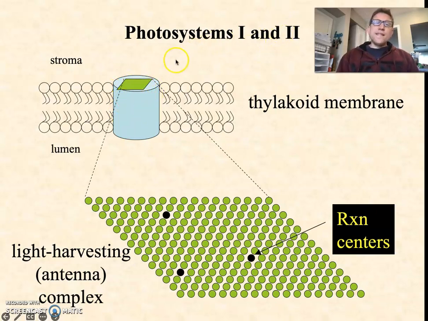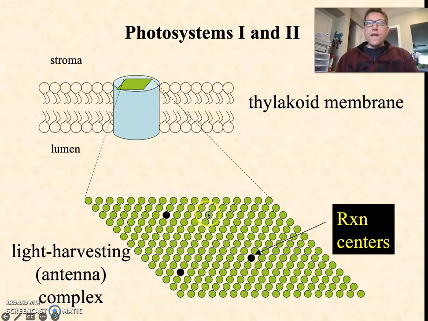Now what happens is light will hit the antenna complex of both of these photosystems. We'll see that the reactivity actually needs to start at photosystem 2 and then move towards photosystem 1, but they're all scattered by the bazillions inside these thylakoid membranes in very close proximity to one another.